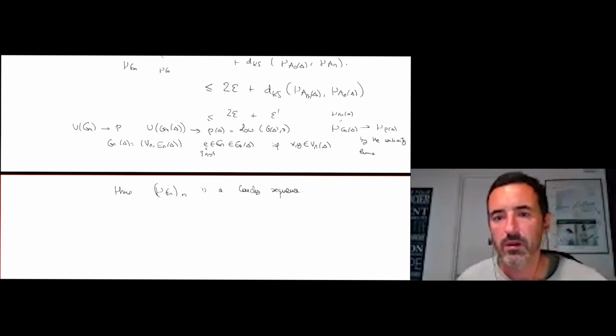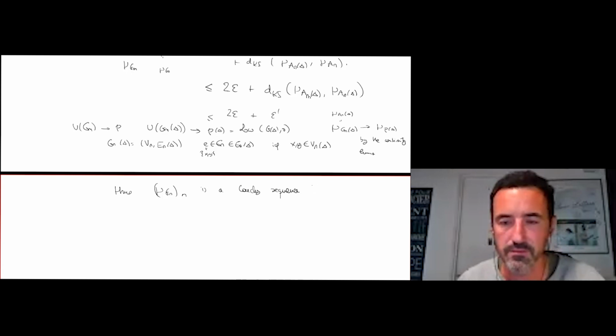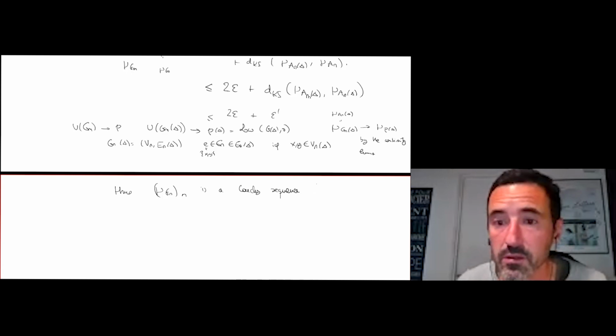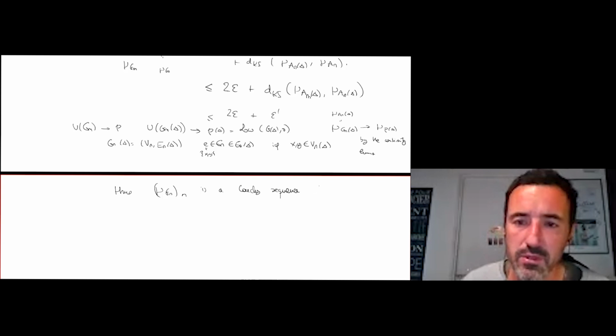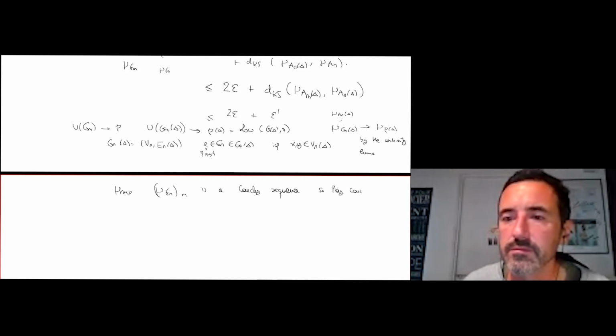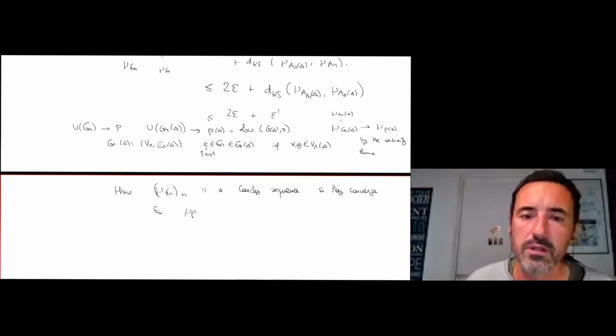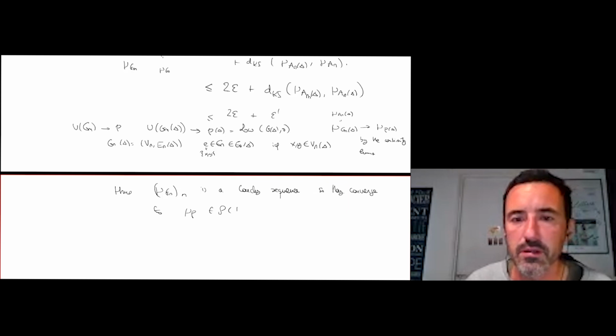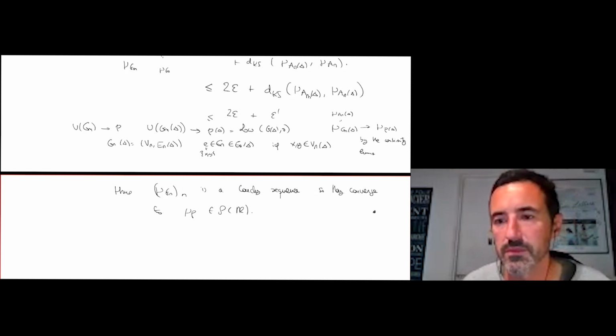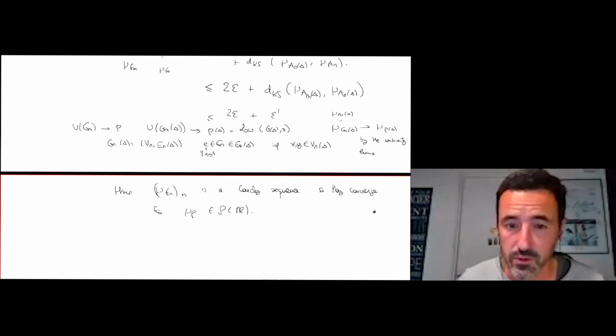And the set of probability measures on R equipped with the local topology is complete, so they must converge to a measure μ_ρ, which is some probability measure on R. Then you have to check that this μ_ρ does not depend on the sequence, but it's not very hard.